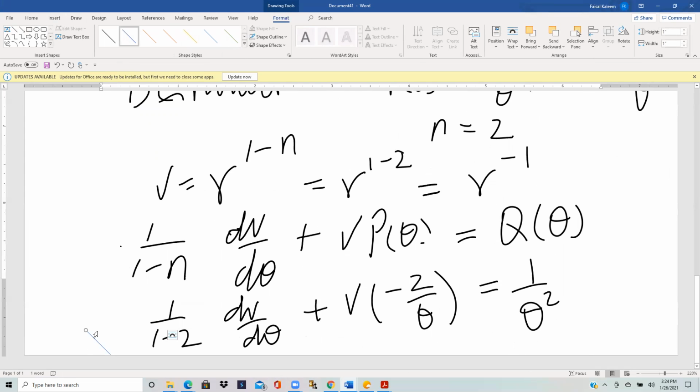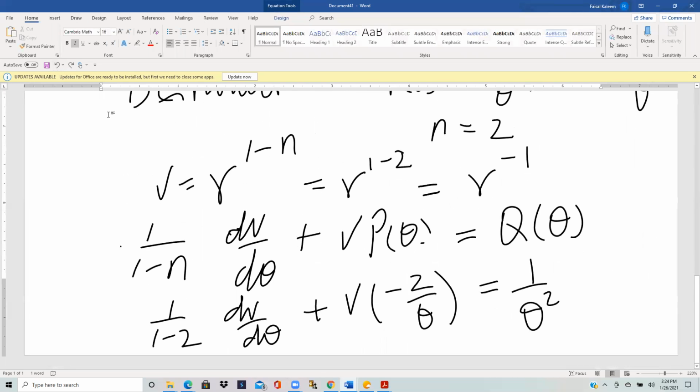Okay, I'm trying to go to the next page. So let's just copy, remember this, what's going on. So 1 over 1 minus 2 is negative 1. So to get dv over d theta without any coefficient, multiply everything by -1.